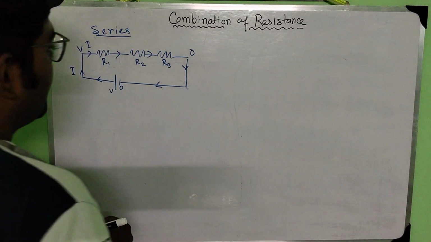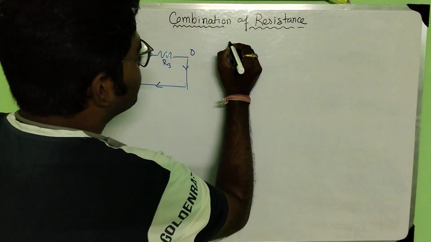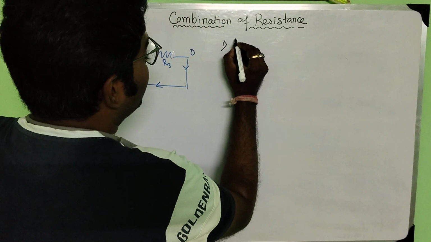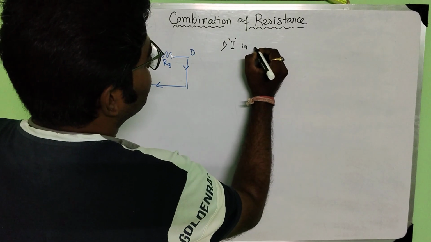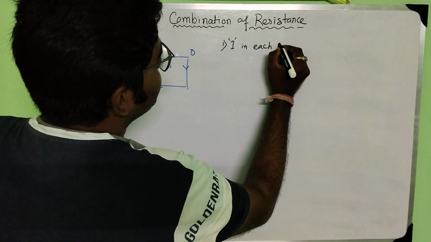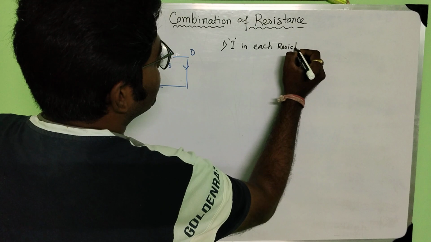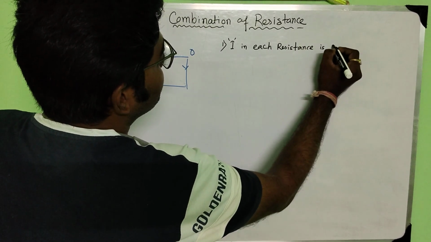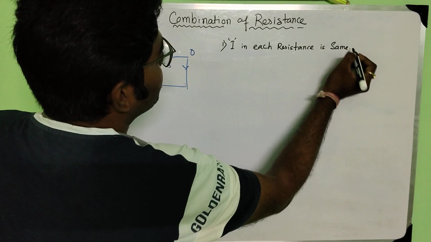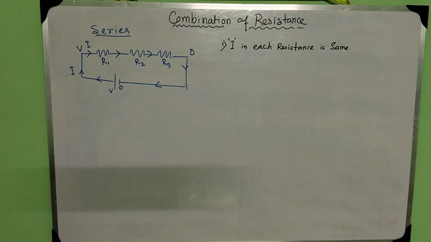So the first point is that the current I in each resistance is the same.